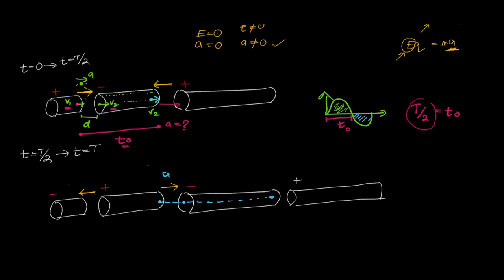Okay, so if we mark the electric field, it is like this, and now we match the same time t naught. So every t naught time, this particle will take time t naught to travel from the end of this tube to the end of this tube.